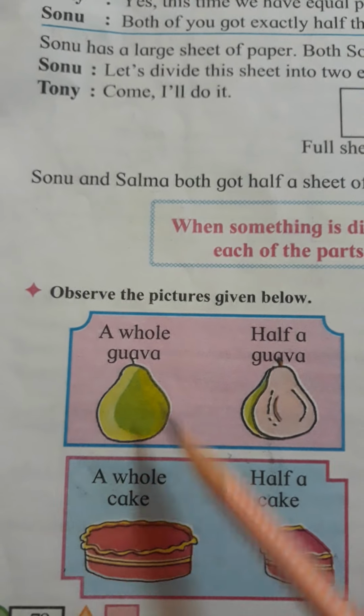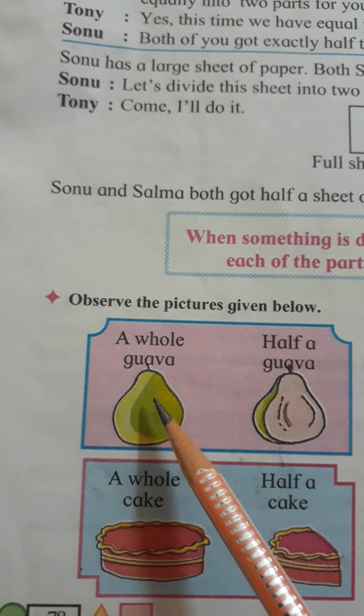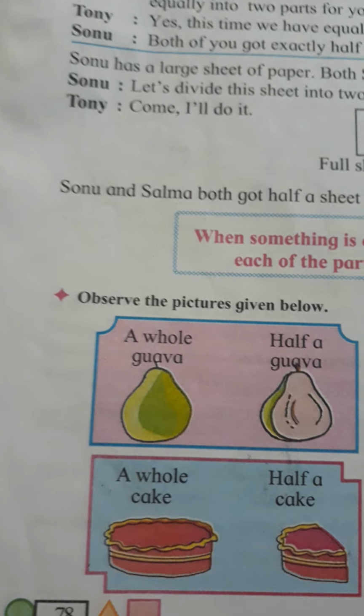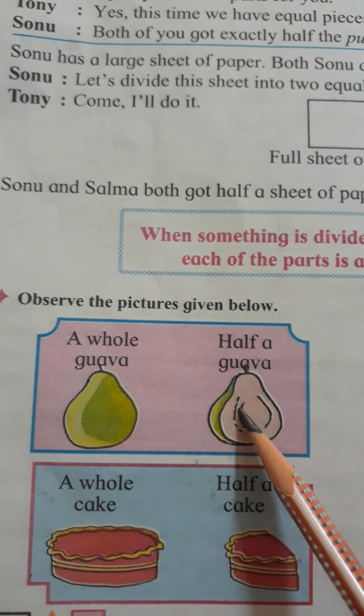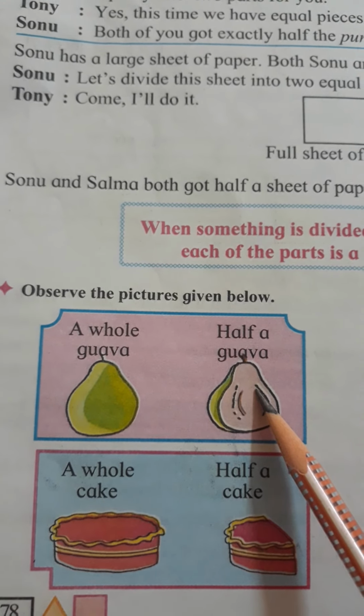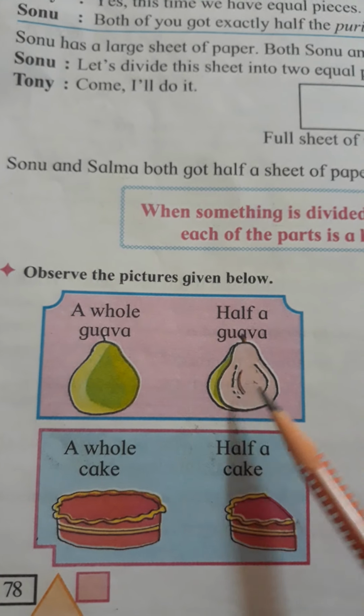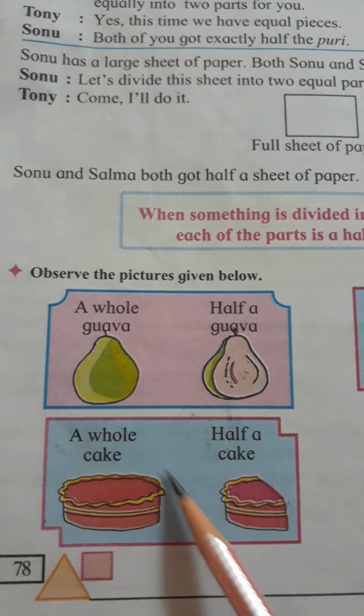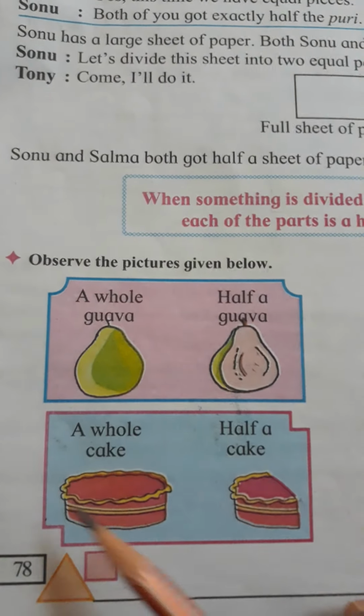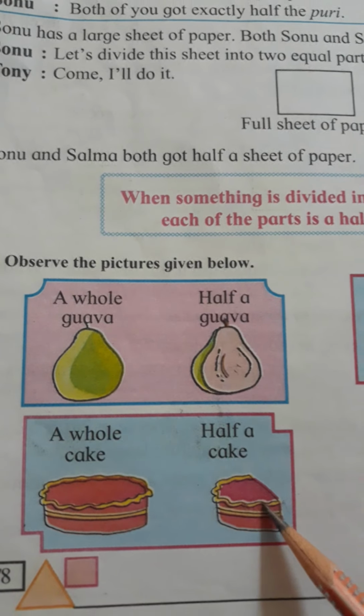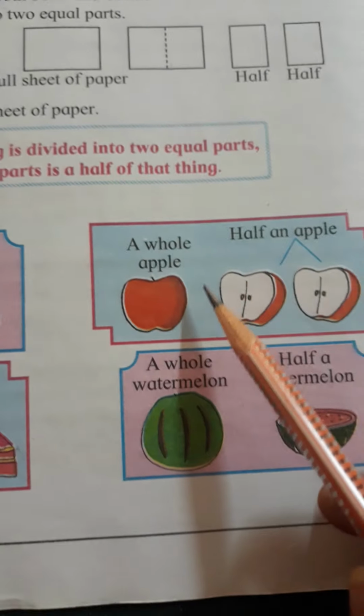This is a half. Now look, I am giving you another example. This is a guava, right? When I make two equal parts, what will I get? Half of a guava, right? Look, this is a whole cake. When I make two parts, then I'll get half of a cake.